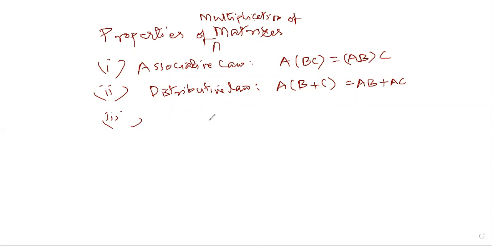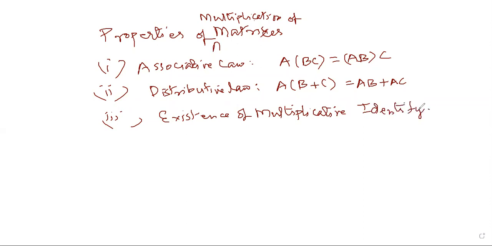Existence of multiplicative identity. Yes. Multiplicative identity means that the matrix which, when multiplied with any matrix, will not affect that one. So it is the unit matrix.